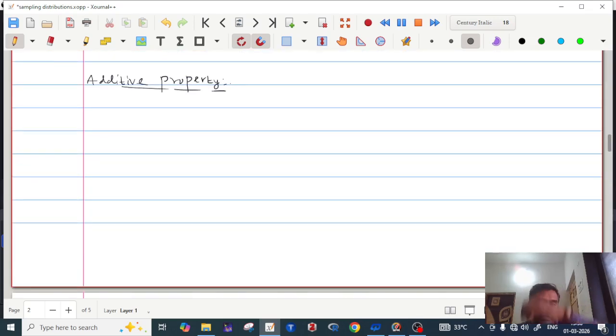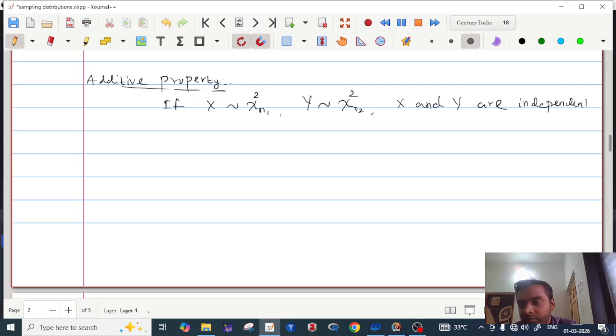The statement is: if x follows chi-square with n1, y follows chi-square with n2, and if x and y are independent, then x plus y follows chi-square with n1 plus n2 degrees of freedom.